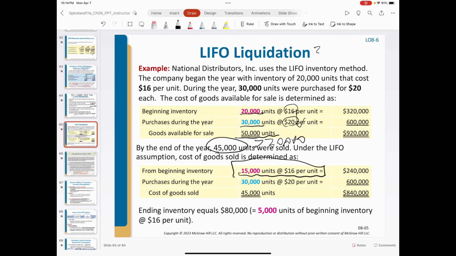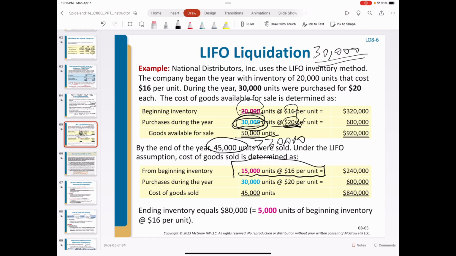If we assume the company just sold 30,000 units, based on LIFO, only this part of inventory is sold, right? And this part of inventory cost $20 per unit. So the margin will be lower. That's why I said when the company sold more inventory than the purchase, the older inventory, the beginning balance of inventory, will be liquidated.